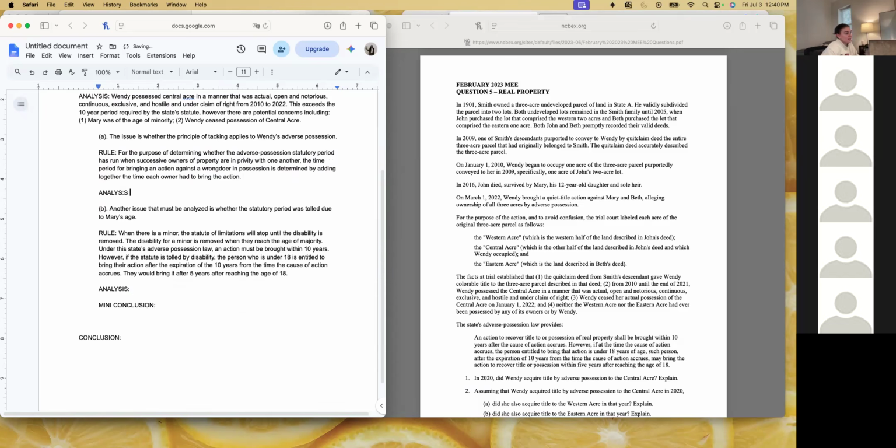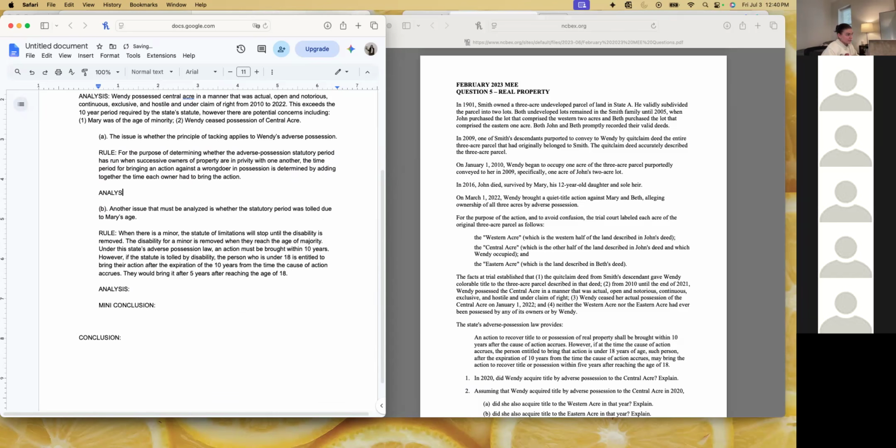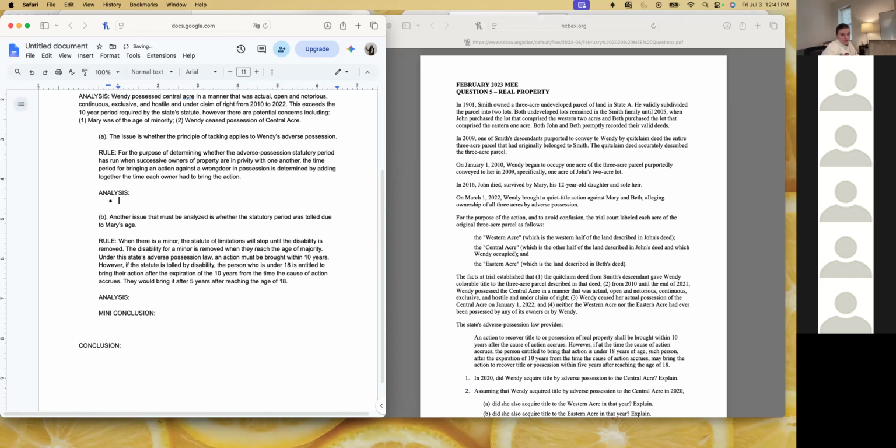Essentially, I'm going to go through this and just bullet point it so you all have it. For the analysis, one of the things we want to discuss is the fact that John knew about Wendy adversely possessing the property. From what did our timeline say? From 2010 until he died, right?